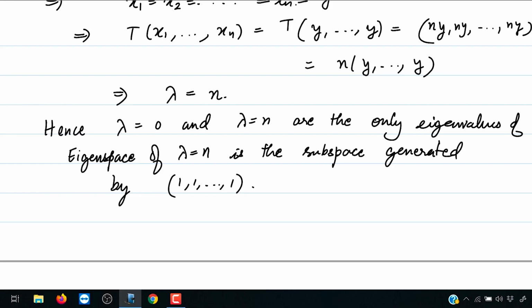It's straightforward to see that the vector (1, 1, ..., 1) is in the eigenspace, and we already checked that if something is in the eigenspace, it will force the coordinates to be equal, and hence it lies in the vector space generated by (1, 1, ..., 1). So yes, the eigenspace of n is the same as the subspace generated by (1, 1, ..., 1). That completes the proof.